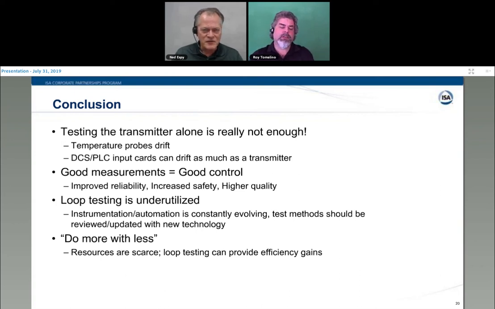Also, your input cards can drift. Ned, I've almost gotten into a fist fight a couple times talking about temperature probes, when I mention the fact that they drift, and I get some pretty intense comments that either they work or they don't. I've seen them off by 1.5 degrees or so. Do they drift, or do they either work or they don't?